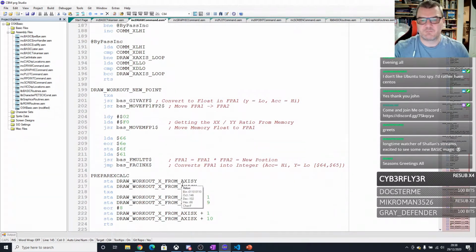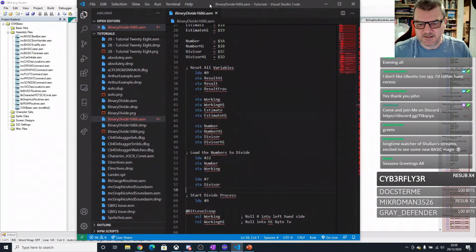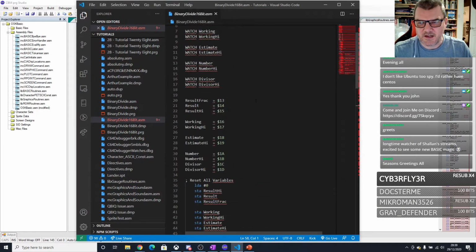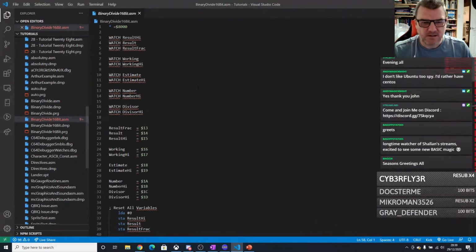Now, when I was 16, I thought I was being clever, which technically I was. But maturity and age has taught me that we can do things faster. Now, I did a divide by routine for Neptune lander. I did a divide by routine that didn't do the remainder.